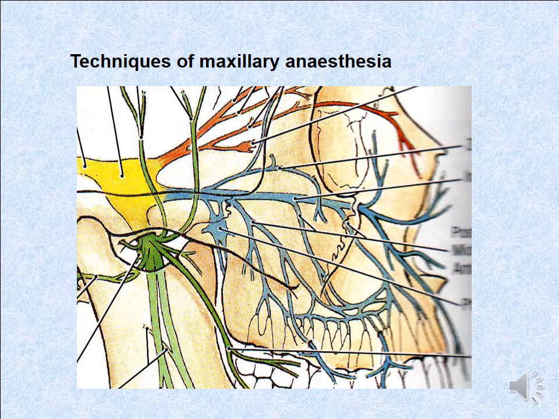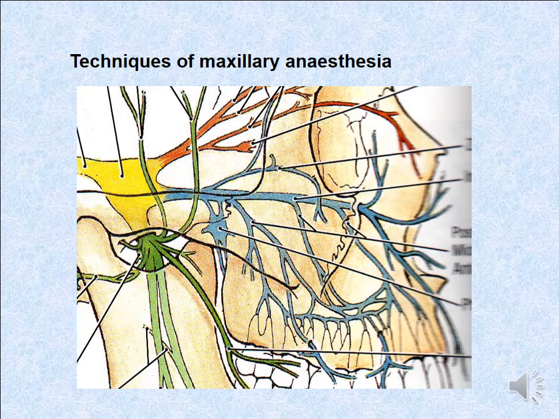We have these two techniques, infiltration technique and block technique, which can be done for all teeth in the upper and lower jaw. Now a slight anatomy about the upper jaw.